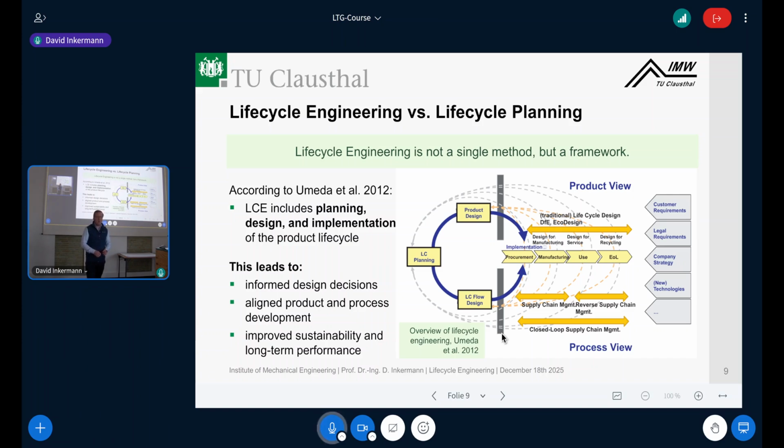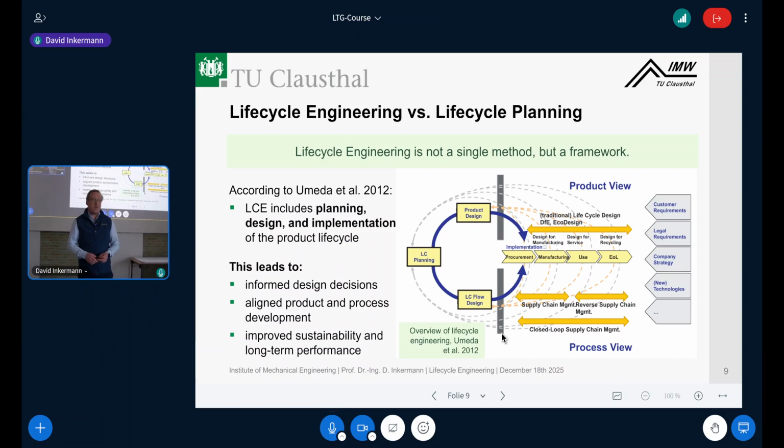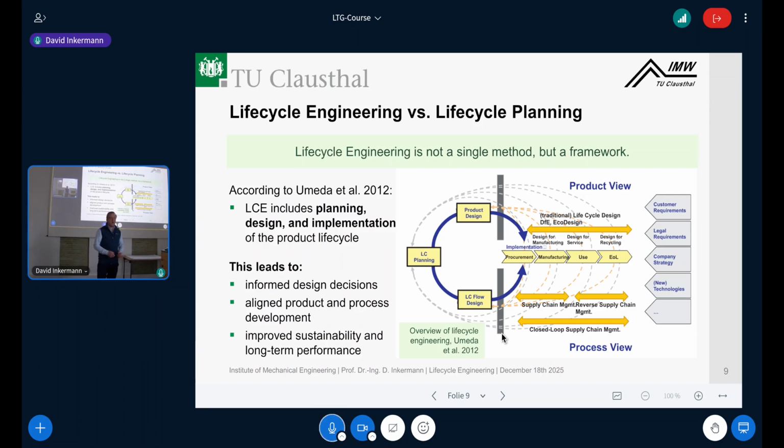But also, and that is part of the life cycle planning, to define life cycle flows, and that is where we shift the focus a little bit, not only on the technical viewpoint, but also on reverse supply chains, what is the business model behind that, and how we can run maintenance within the use phase. Yeah, all these parts are related to the specific processes to enable a specific life cycle.